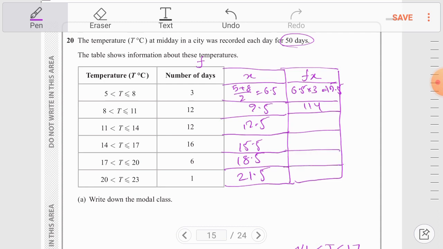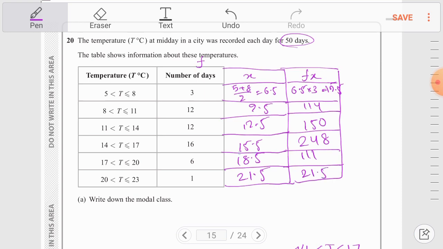And 12 times 12.5 is 150. 16 times 15.5 is 248. 6 times 18.5 is 111. And 21.5 times 1 is 21.5.